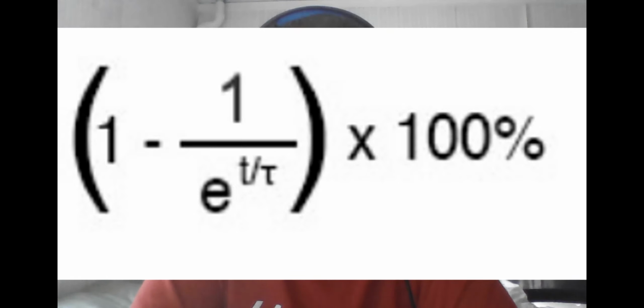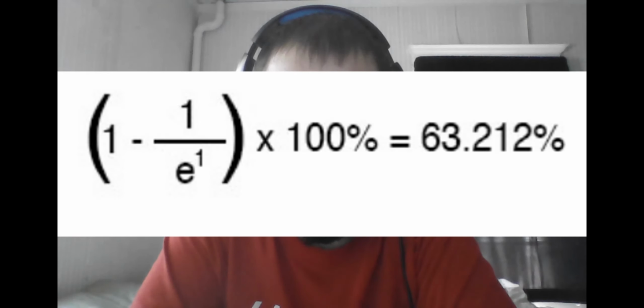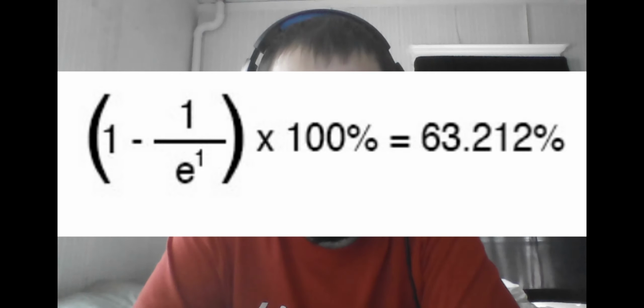So when we do the math where the ratio of t over the time constant equals 1 exactly, we get 63% just about. And as we get closer and closer to an infinite amount of time constants, or an infinite time in total, we get closer and closer to 100%. So this formula works nicely as a universal answer for simple capacitor or inductor circuits.